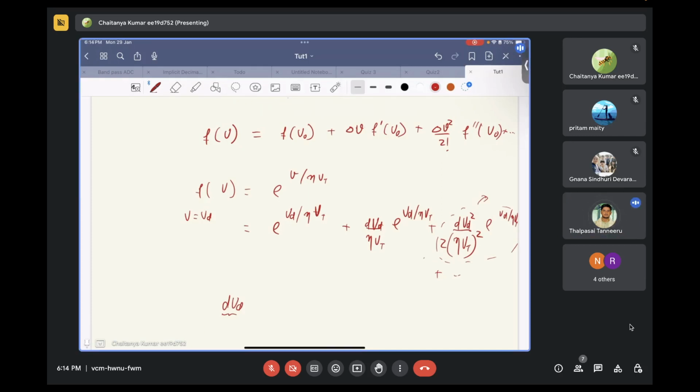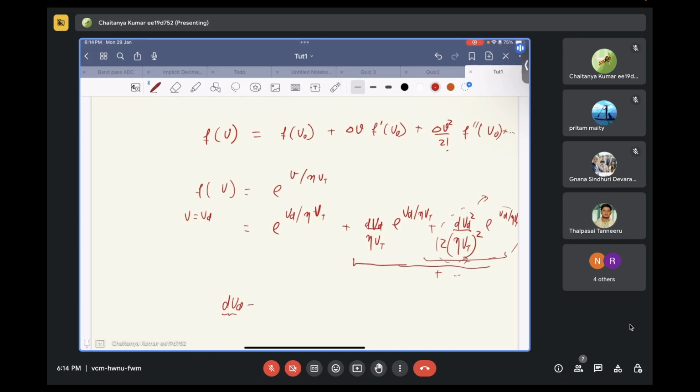In that case, you can neglect these quantities. However, if these quantities are not significantly less than 1, or are greater than 1, then all these terms will come into play.